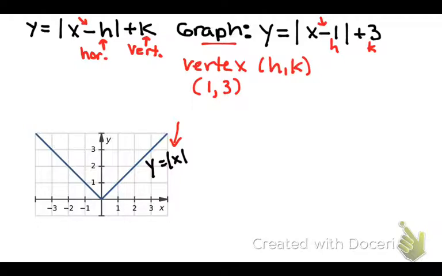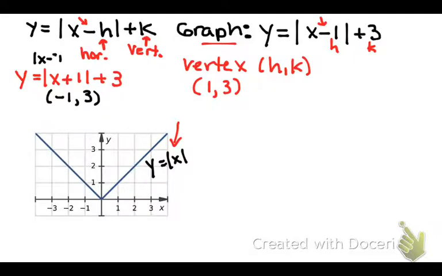So if I had, for example, y = |x + 1| + 3, then it would be (-1, 3), because a double negative, x minus a negative 1, would yield that positive 1. So we're not working with that right now. We have our vertex is (1, 3).